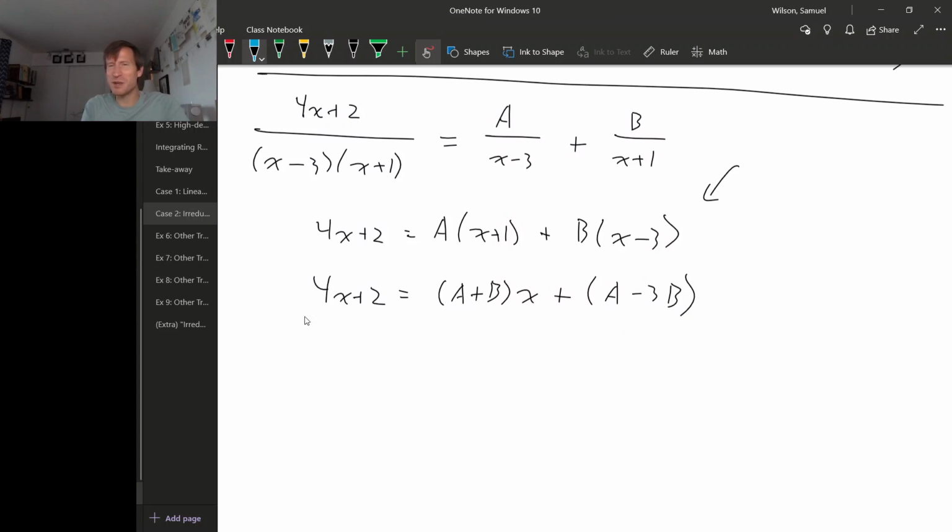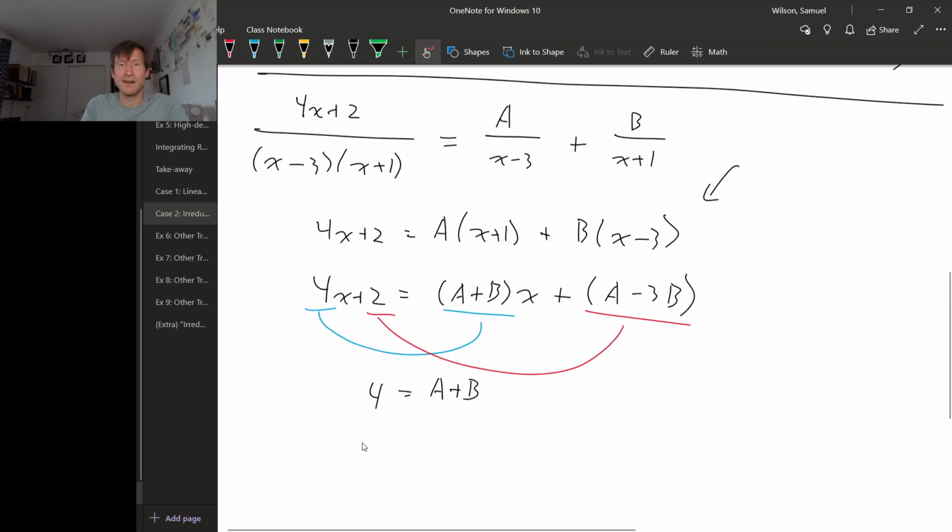But when you have everything multiplied out and like terms combined like this, the only way for these two polynomials to be the same is if the coefficient on x on the left is equal to the coefficient on x on the right, and so that means 4 equals a plus b. And also the constant term on the left has to be equal to the constant term on the right. And that means that 2 has to be equal to a minus 3b.